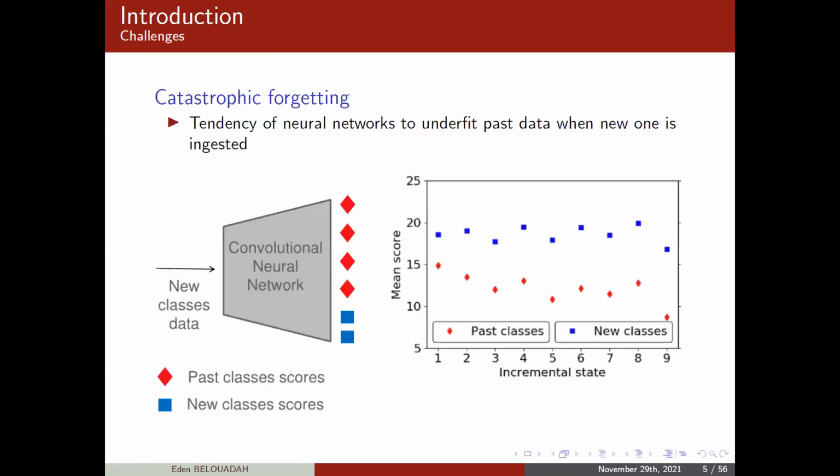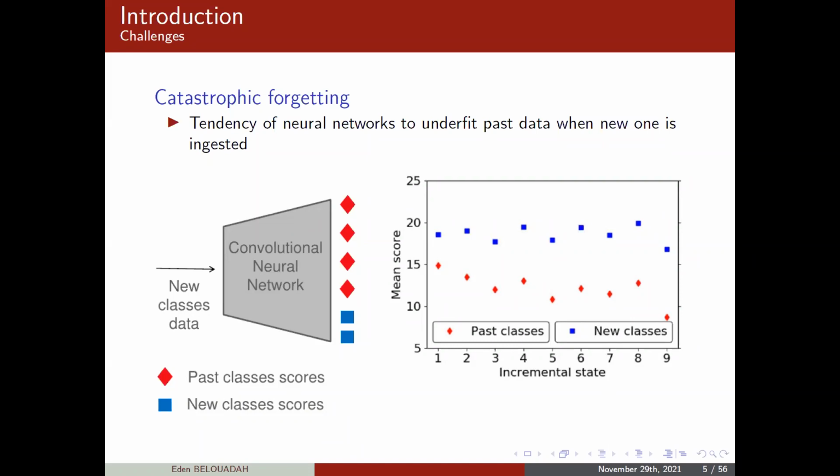The main problem of continual learning algorithms is catastrophic forgetting, which is the tendency of neural networks to underfit past data when trying to learn new data. Practically, this means that if we update the model using only new data each time, this leads to a bias of the network in favor of new classes.